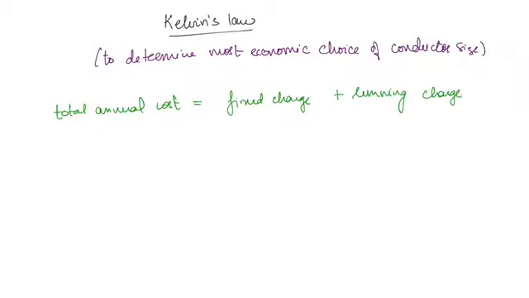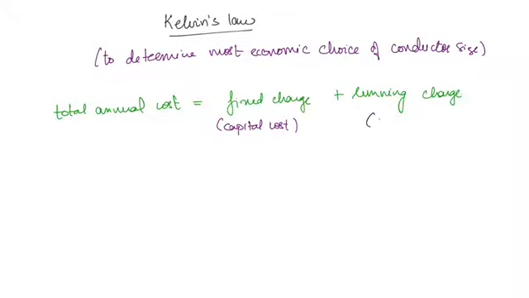Now what is the fixed charge? Usually it is the cost of manufacturing, the cost of investment, the capital cost. And the running cost, like I said, will depend on the power that is utilized. That is the efficiency, so efficiency comes into the picture.